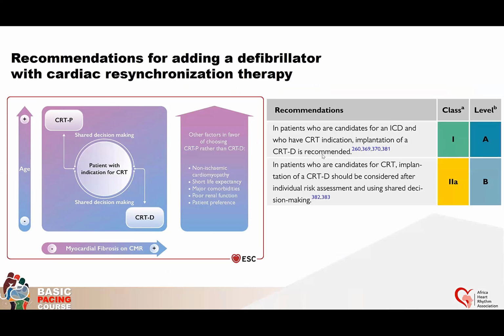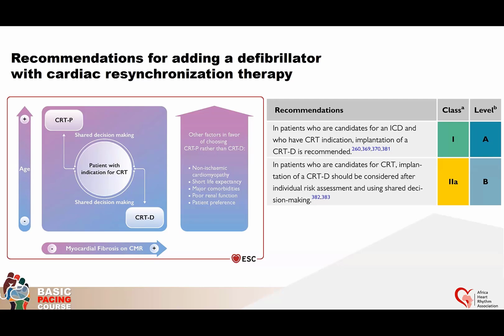Implantation of CRTD is recommended, but you also have to be comprehensive, seeing the age of the patient, seeing the myocardial fibrosis, if you have done a CMR modality. The presence of other modalities would maybe go to CRTP rather than D, like non-ischemic cardiomyopathy, a short life expectancy, poor renal function, patient preference. So this is a little bit debatable, but we have a strong recommendation for those who fulfill the criteria with an ejection fraction less than 35.